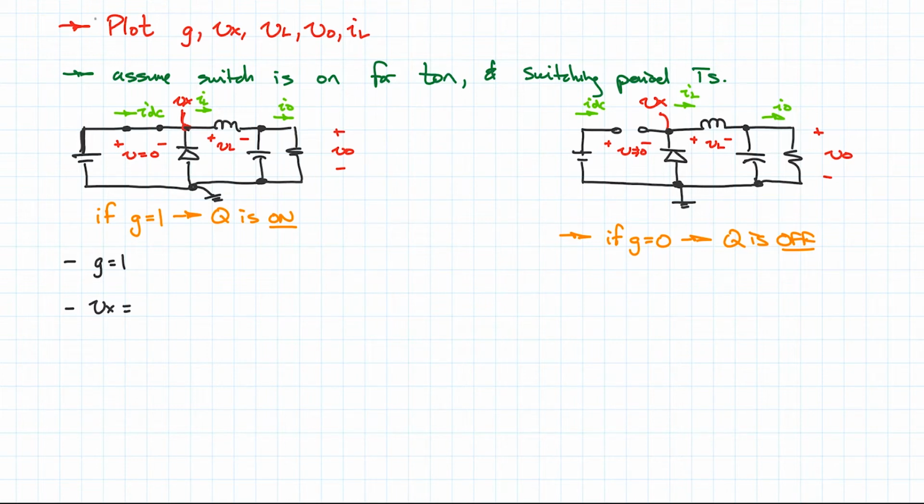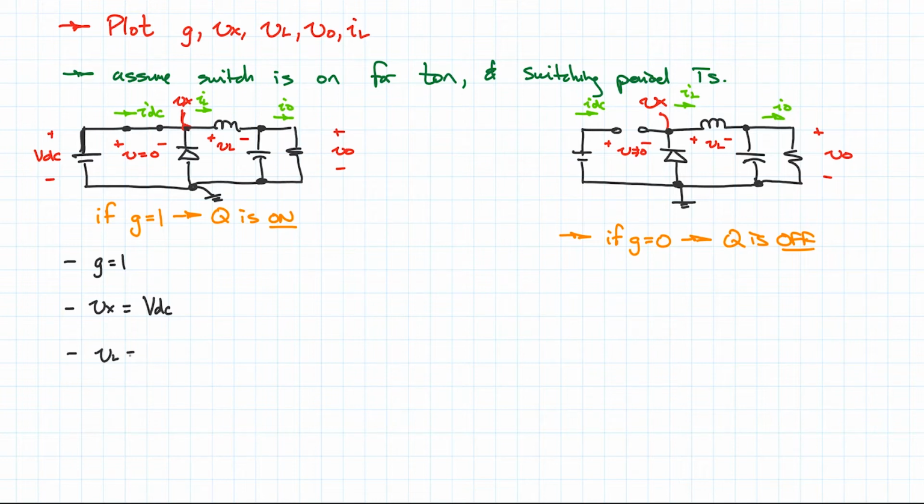This diode is reverse biased, because VDC is a positive voltage, we assume, and the diode is connected directly like this, so it would be reverse biased. And Vx is basically the exact same thing as VDC. I should write this with a capital because this is a DC voltage, and the literature usually does that as well. So Vx equals VDC.